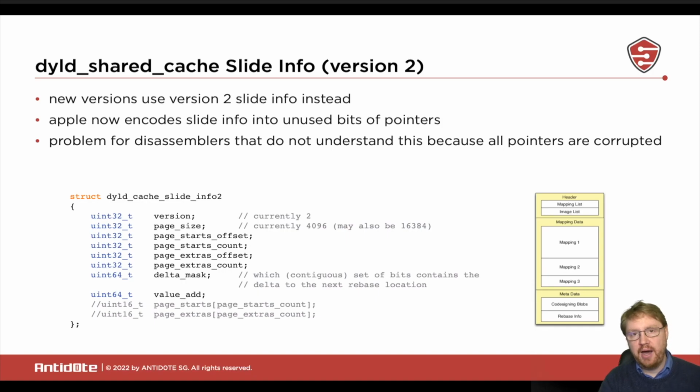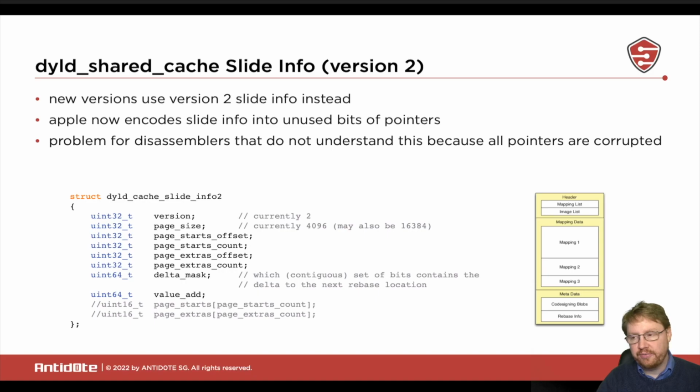That means a part, usually the higher bits of the pointer, tells you the delta, so where the next pointer in the chain is. And the rest of the bits is the actual pointer value.